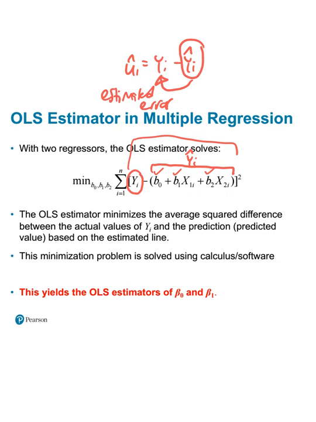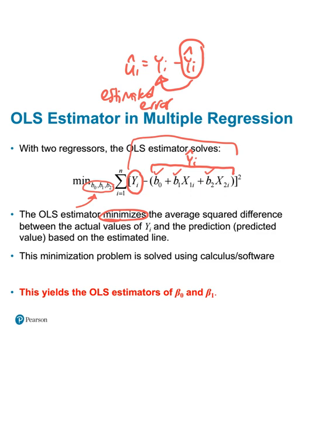So what the OLS estimator does is we choose estimates for beta 1, beta 2, and beta naught, with these Latin letters, b naught, b1, and b2, choosing these coefficients appropriately to minimize the sum of the squared differences. This is identical to the logic that we had with simple linear regression.